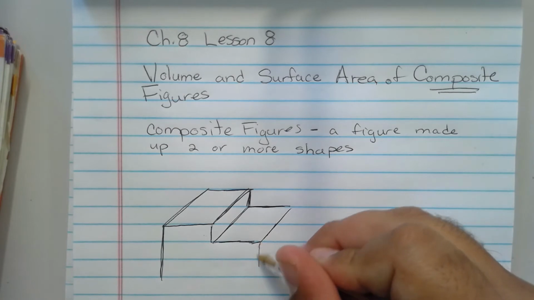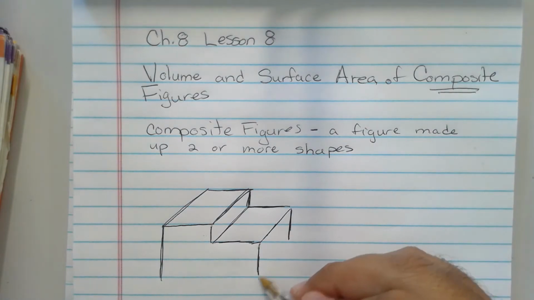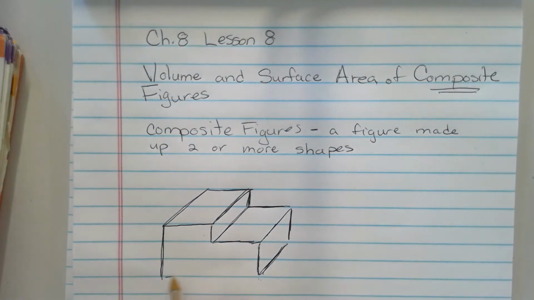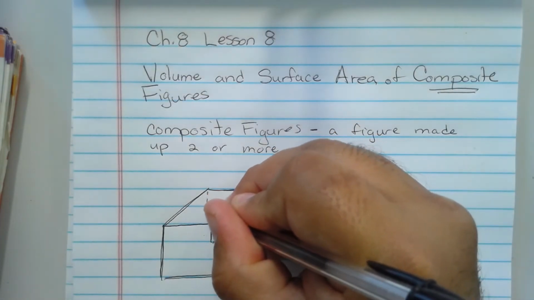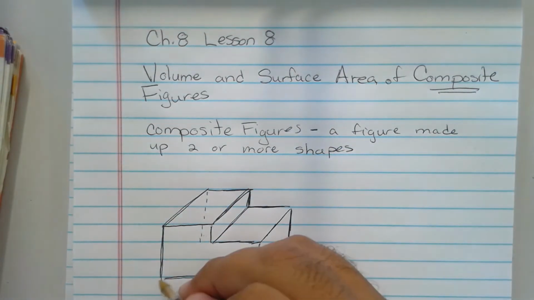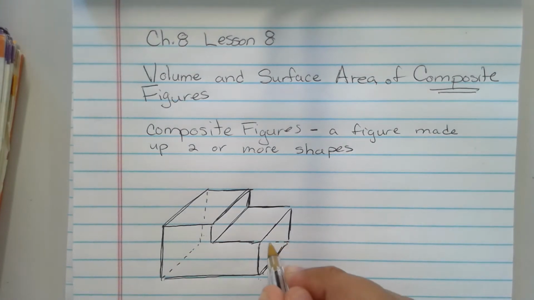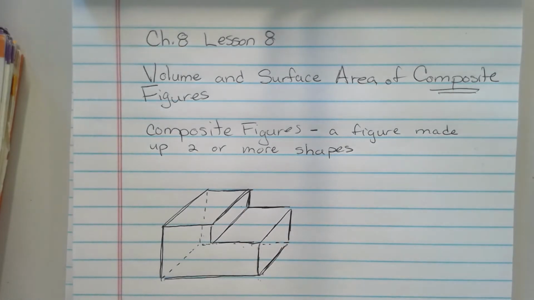I'll go down two here, down two here, and go over. This I'll make a dotted line. So I have that type of shape. It looks kind of like steps, as you walk on.